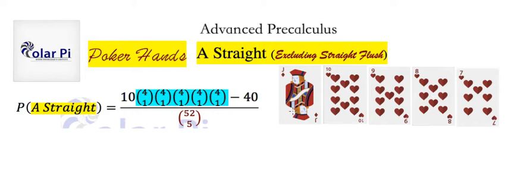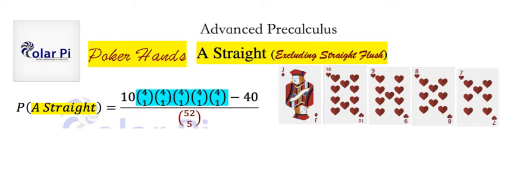If you have a 5, the rest of the cards have to be 4, 3, 2, and an ace. So the possible highest cards are 10 of them: ace, king, queen, jack, 10, all the way to 5. There are 10 possible highest cards, and then the rest of them are predetermined.